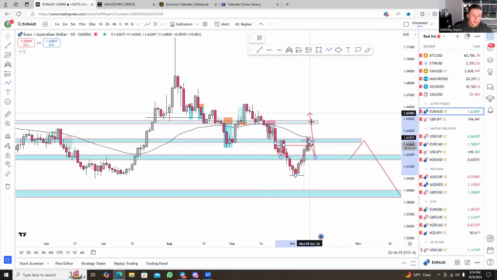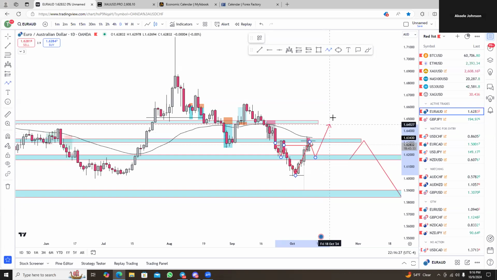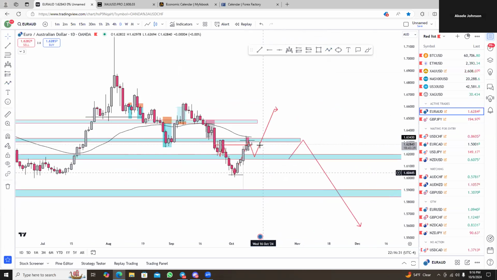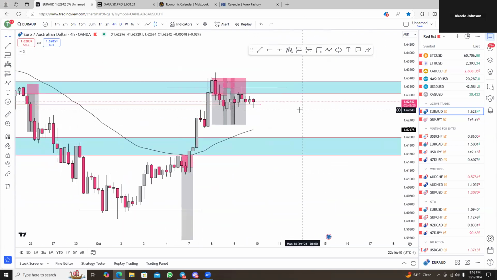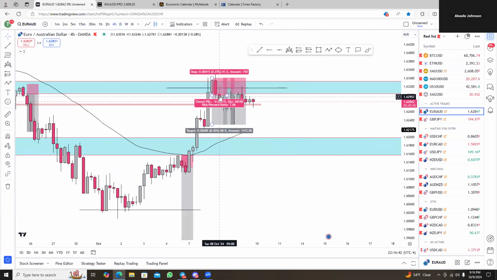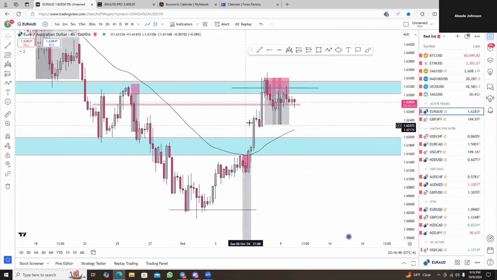There's just so many different things, so many patterns. You find the patterns, and it's going to point you in the direction, right? So that's a potential move right there. Boom. That is why we took sales on Euro AUD this week. Yes, it didn't give us a pretty one. We took it, we entered here and we entered here. We took it right to the 4 hour.